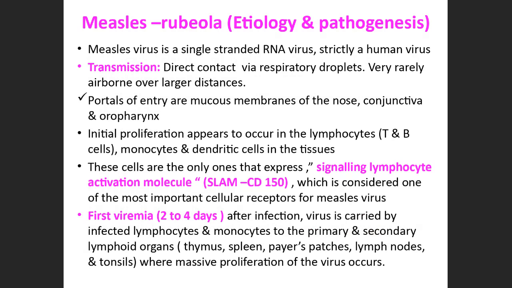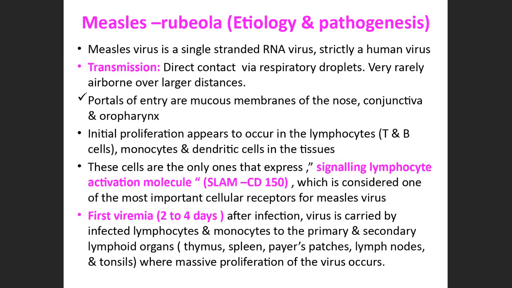Talking about measles, which is also known as rubeola, the measles virus is basically a single-stranded RNA virus, and it is a strictly human virus. It infects humans only. How is it transmitted? It is transmitted by direct contact or via respiratory droplets. Sometimes, apart from respiratory droplets, it can be an airborne infection too.